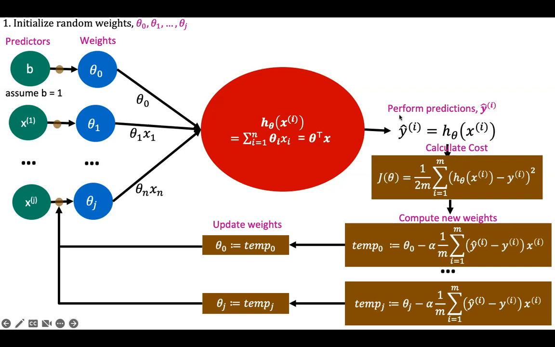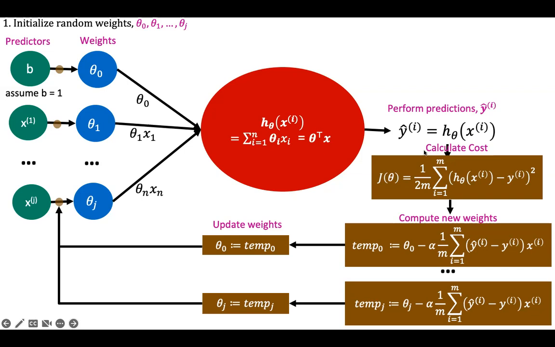This is the predicted; as you can see, this h of x is equivalent to y hat. Take the sum of the squared differences and divide that by 2m. So this is the MSE cost for gradient descent.